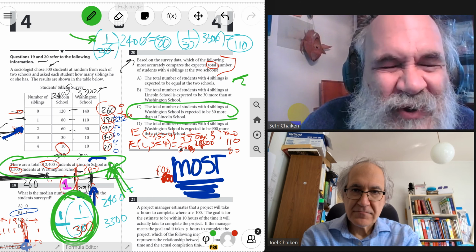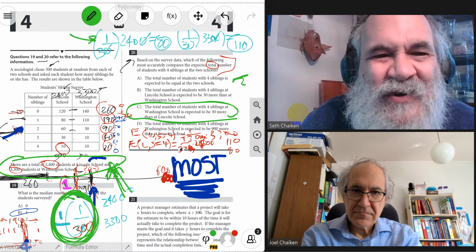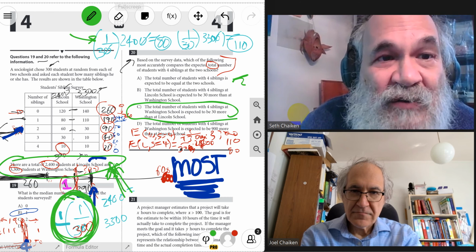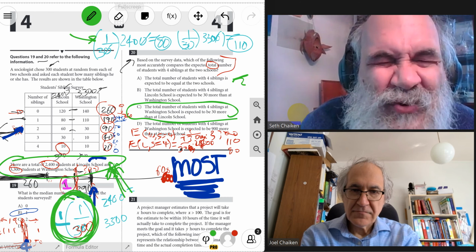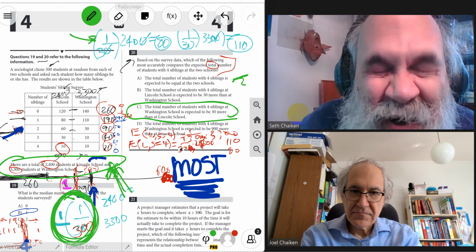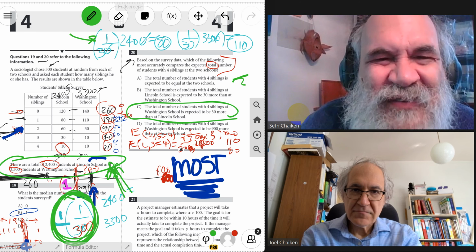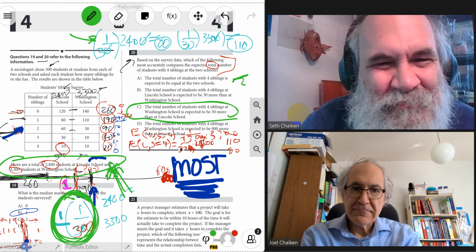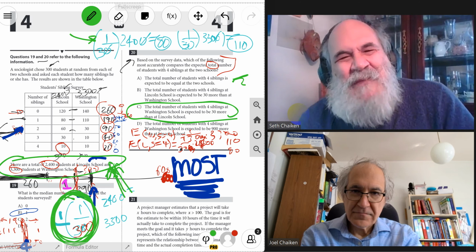What they're actually doing is comparing the expected number of students with 4 siblings at one school with the expected number, not total, but number of students with 4 siblings at the other school. So this word total, I think that's a bug in the problem.